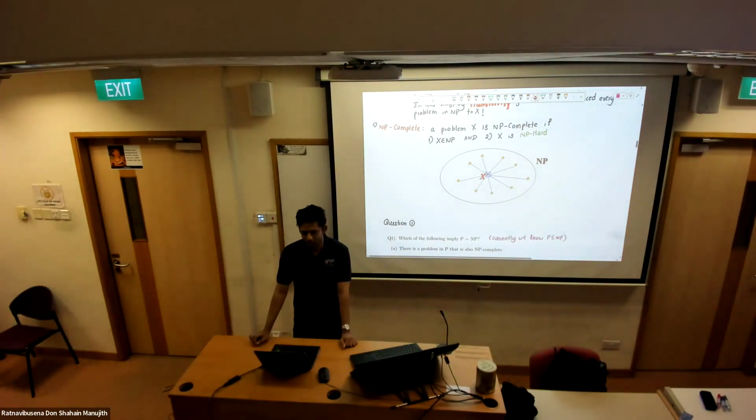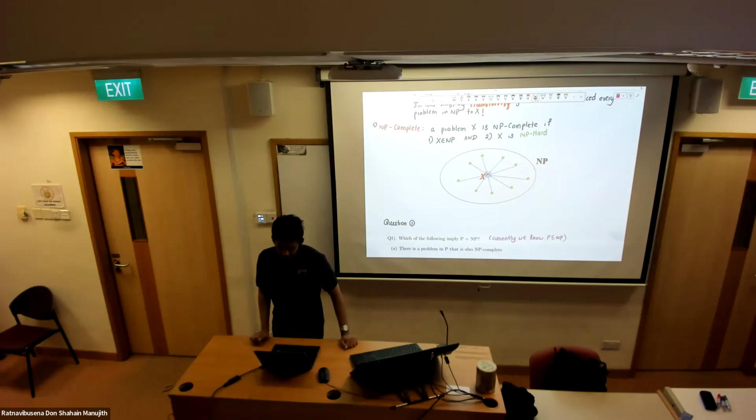Because all the NP problems can be reduced to an NP complete problem, and if an NP complete problem can be solved in polynomial time, then NP reduces to NP complete, NP complete is in P, and so P is equal to NP.